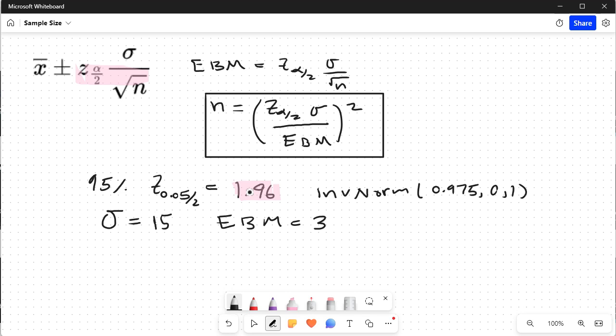Now, to find n, we have to take 3, plug in our critical value of 1.96, and multiply that by our standard deviation. Remember that we're squaring it entirely.